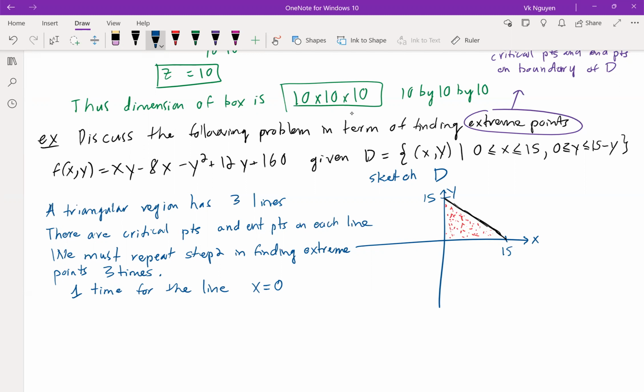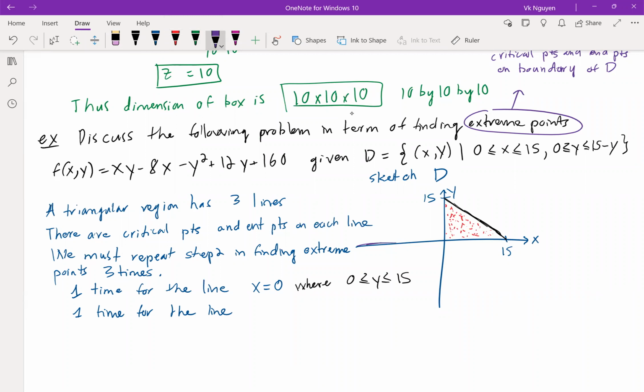And then remember, for the line x equal to 0, the value of y only goes from 0 to 15. One time for the line y equal to 0. I'm going to use a different color here.